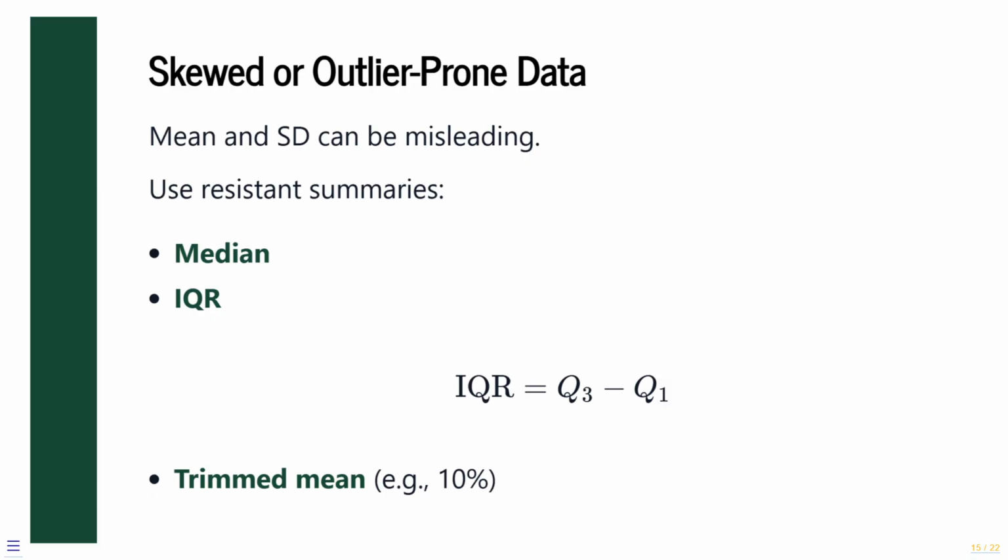The median provides a stable description of a typical value because it depends only on order, not magnitude. The interquartile range, defined as Q3 minus Q1, summarizes variability in the middle 50% of the data and is not affected by extreme observations. A trimmed mean can offer a compromise by removing the most extreme values before averaging.